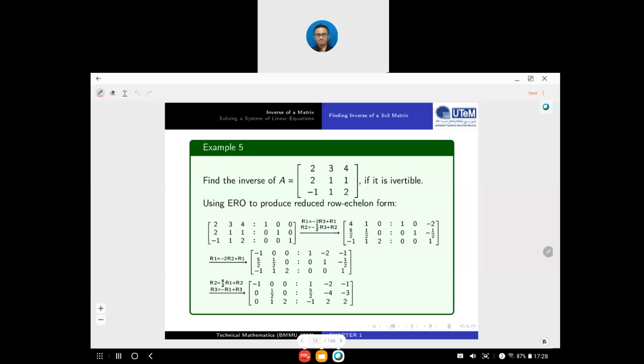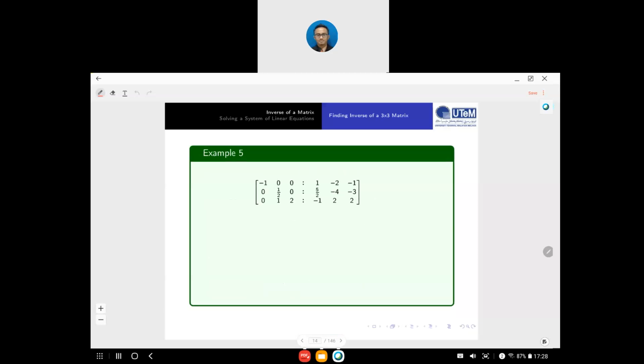Now our target is to change 1 to become 0. You must use row 2 here. Then you get this one, row 2 times -2 plus row 3. So this one becomes 0. So your final answer is this one.